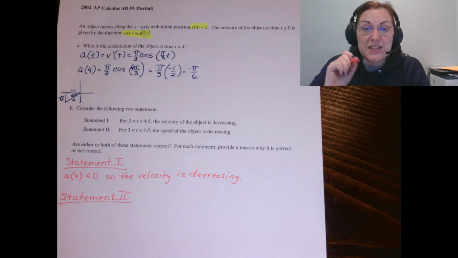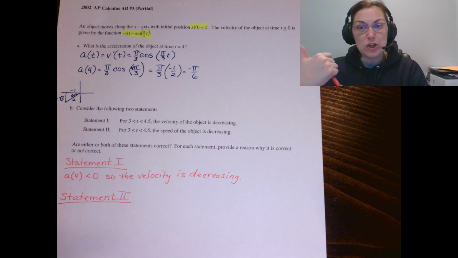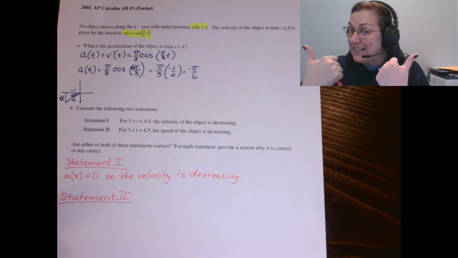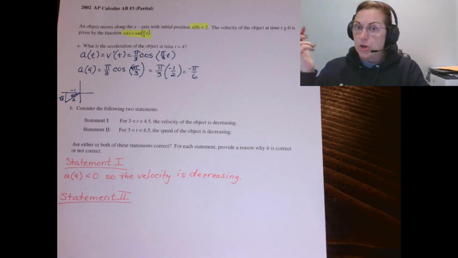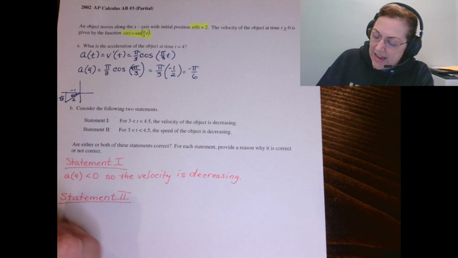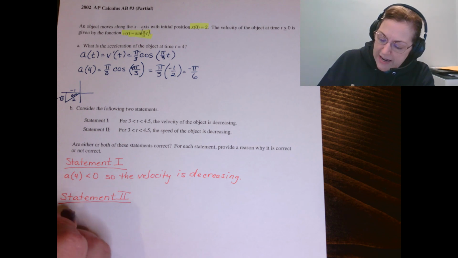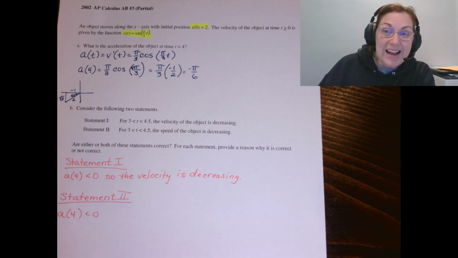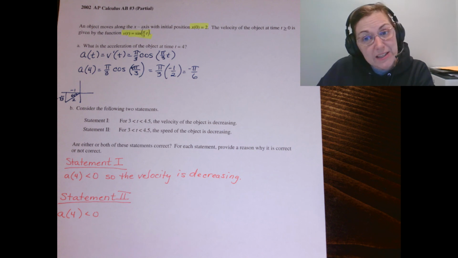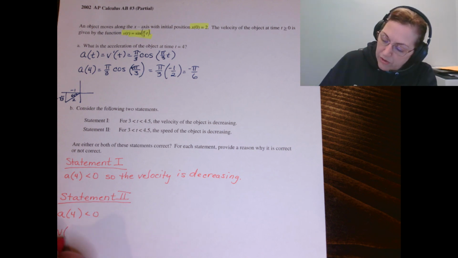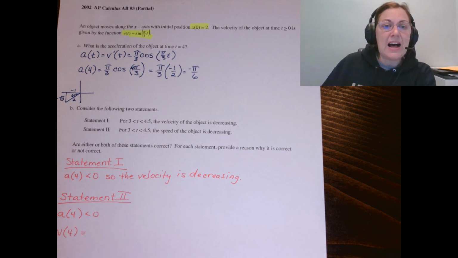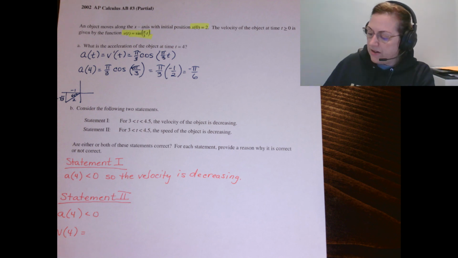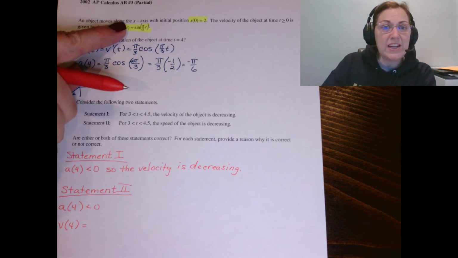So we already know that the acceleration at 4 is negative. I need to know what the velocity at 4 is. So the velocity at 4, I'll need to plug that value in to the velocity equation.